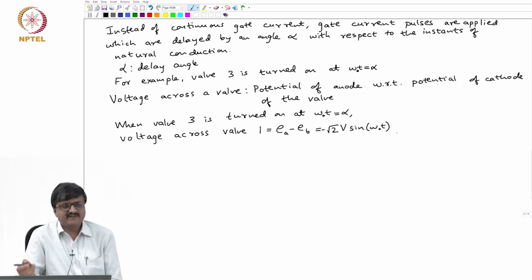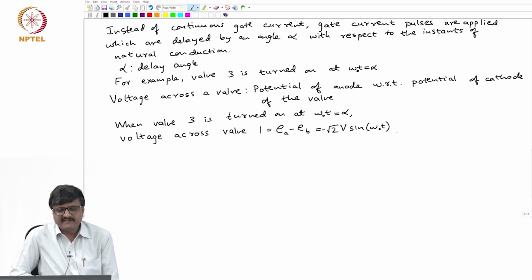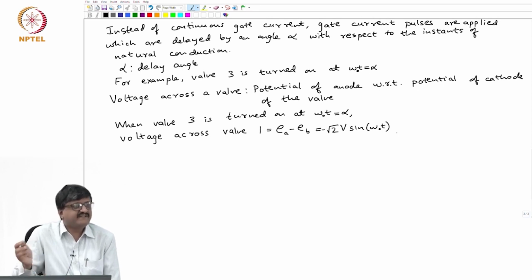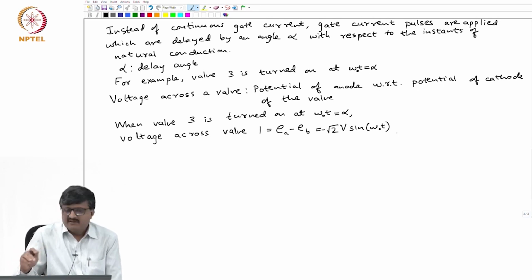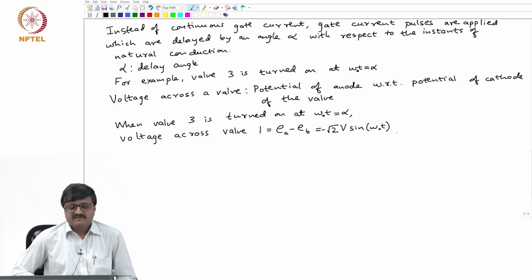So, if alpha is close to 0, then as soon as valve 3 is turned on, the voltage across valve 1 is negative as it stops conducting. Actually, that is a mandatory requirement, because if the voltage across valve 1 is not negative for a certain minimum duration, then it will again start conducting without a gate pulse.